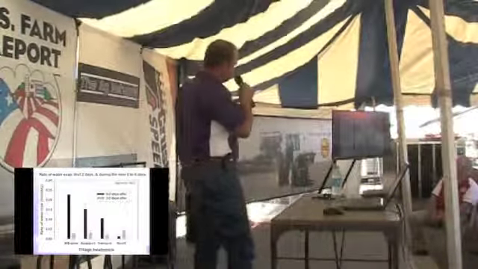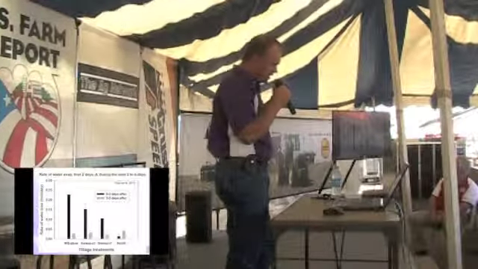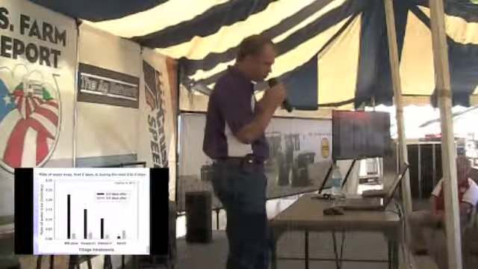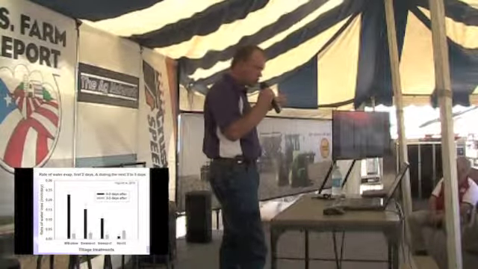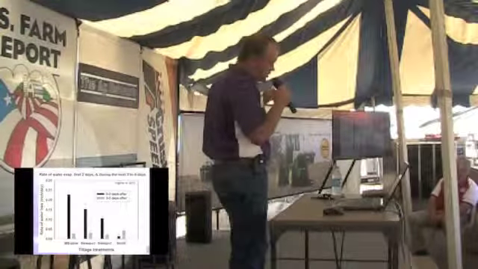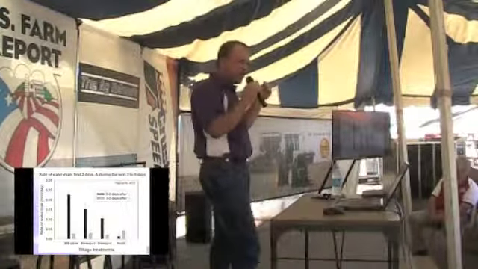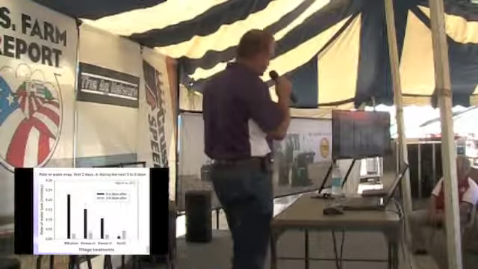This is showing the effect of till and no-till. Across the bottom are the different tillage treatments: moldboard plow, conventional till using sweeps, reduced till system, and then no-till. The black bar is 0 to 2 days after a tillage event, and the gray bar is 3 to 5 days after a tillage event.